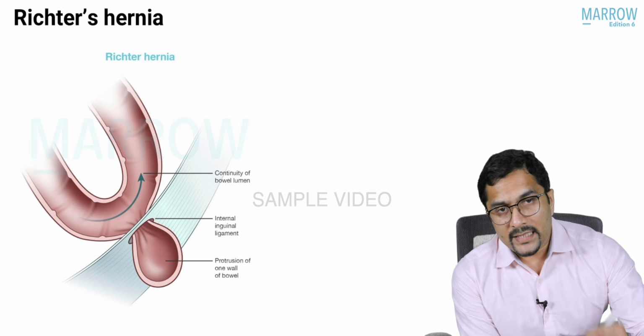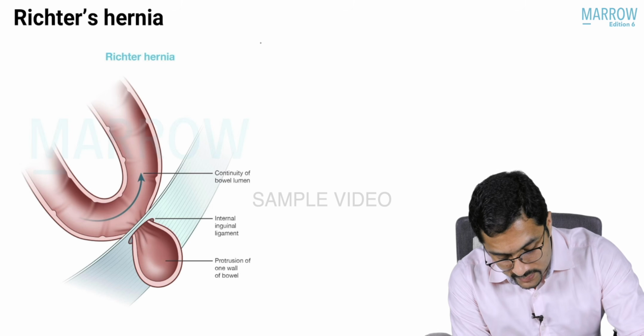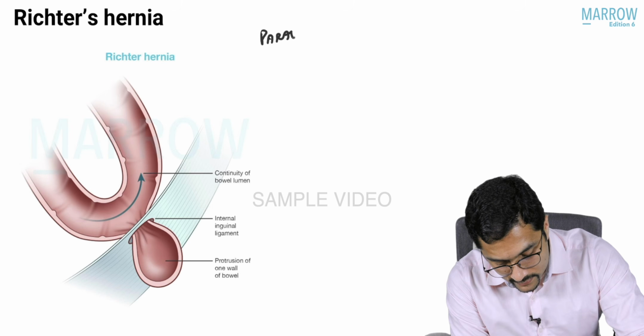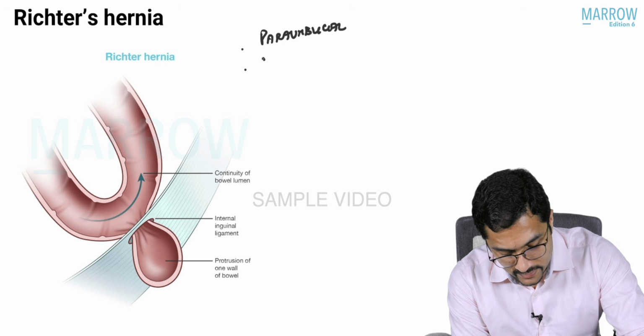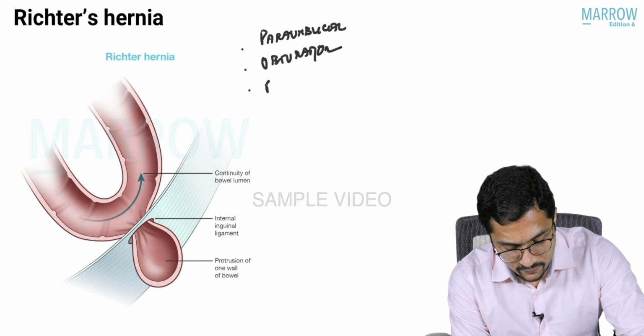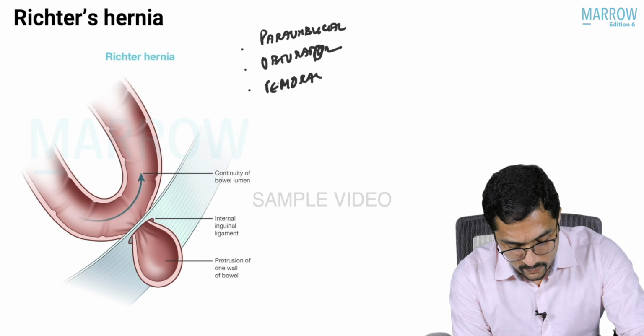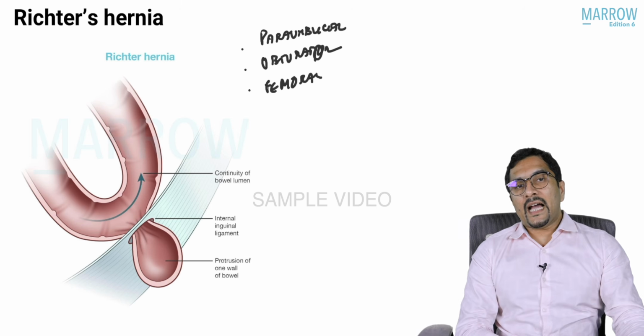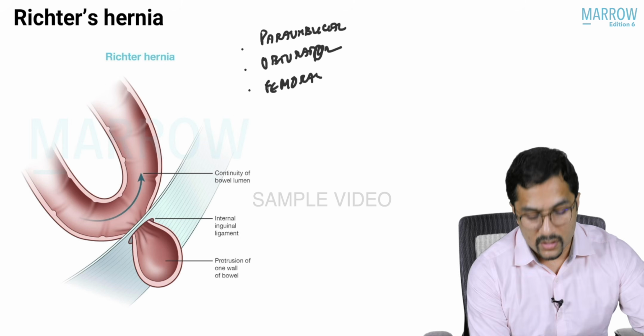Richter's hernias can be seen whenever you have a narrow defect. So this would be seen in paraumbilical hernias, in obturator hernias, and in femoral hernias. Whenever there is a narrow defect, the entire circumference of the bowel does not herniate.